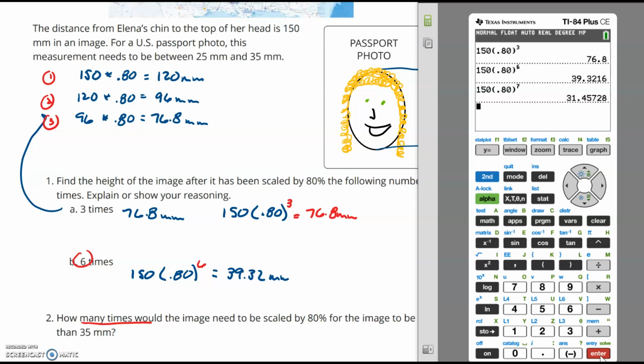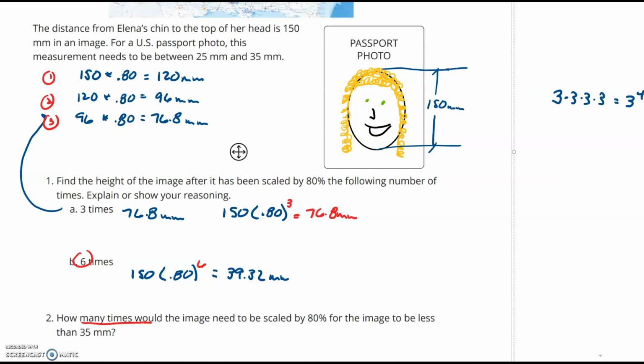So the answer for number 2 would be 7 times. And to show that, the 150 times the 0.80 now raised to the 7th power gave me 31.46.